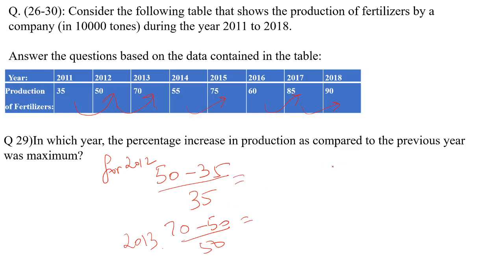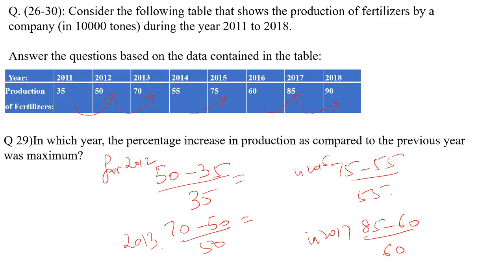Then comes 75 minus 55 upon 55 in 2015. Then 85 minus 60 upon 60 in 2017. And the last one is in 2018, 90 minus 85 upon 85.